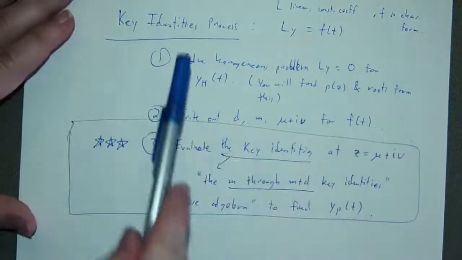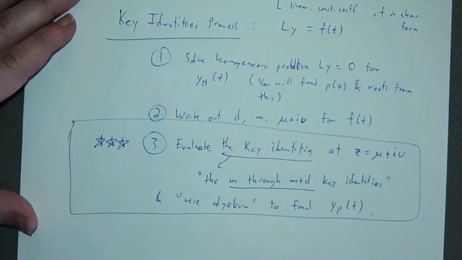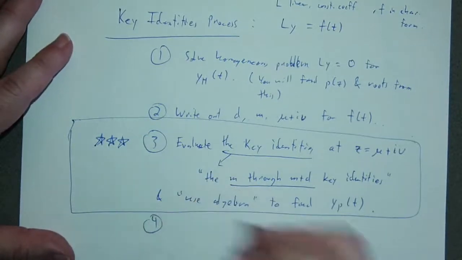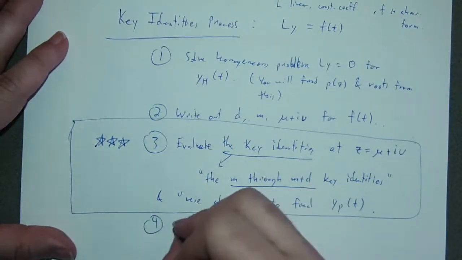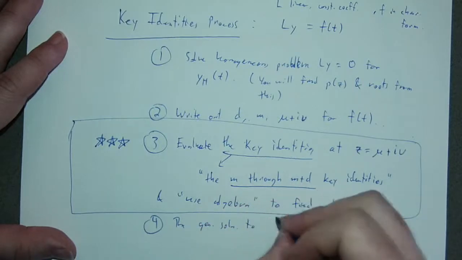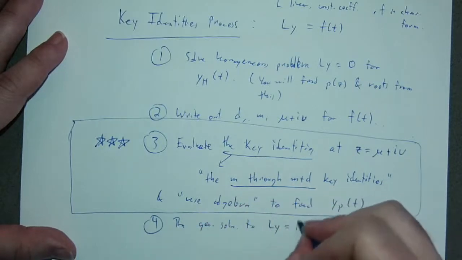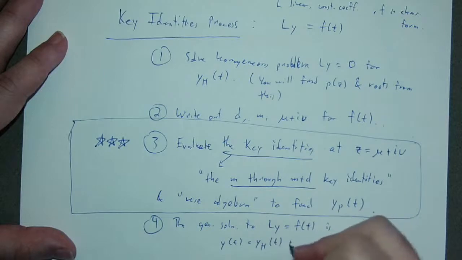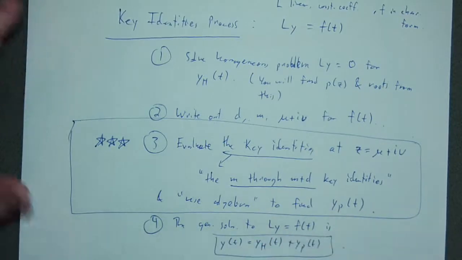Steps 1 and 2 I could have done with undetermined coefficients, so this is really where things go differently. And number 4, the general solution to Ly equals f of t is, as always, y of t, the homogeneous part plus the particular solution.